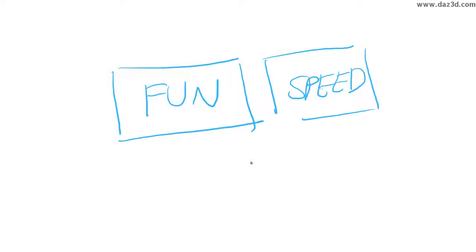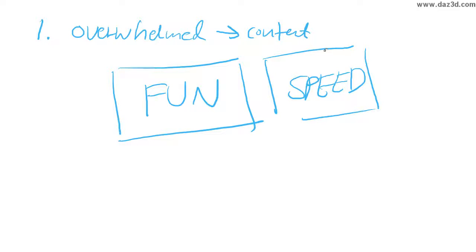Because here's the reality. During my work with thousands of artists for many years, I've discovered two things. One, it's very easy to get overwhelmed with content. Content being characters, vehicles, buildings, scenes. What most artists do is they tend to dive into a lot of content and load an amazing amount of it into their software.